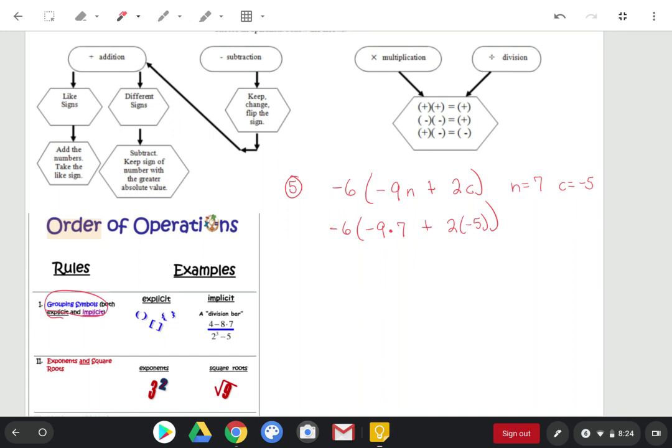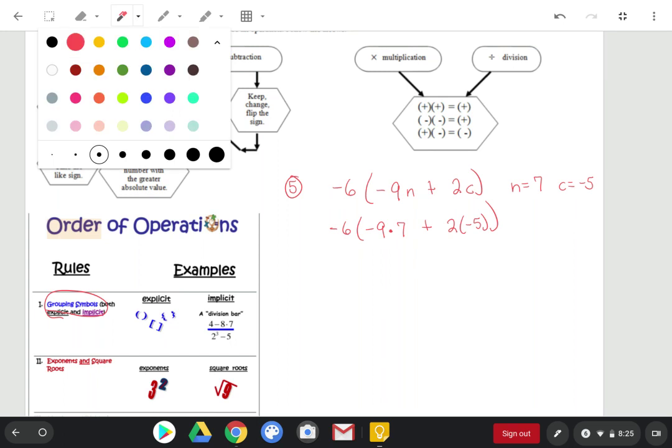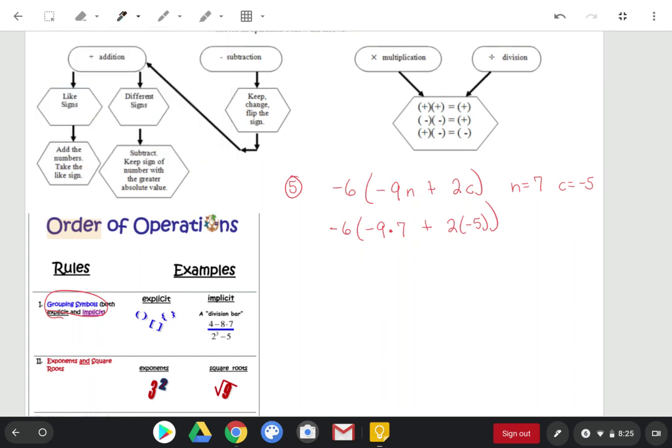And we need to look inside the grouping symbols and decide what to do first. So notice there are 2 instances of multiplication and 1 instance of addition. Multiplication comes before addition. And since we have 2 instances of multiplication, we need to go from left to right. So the first thing we're going to do is multiply negative 9 times 7.